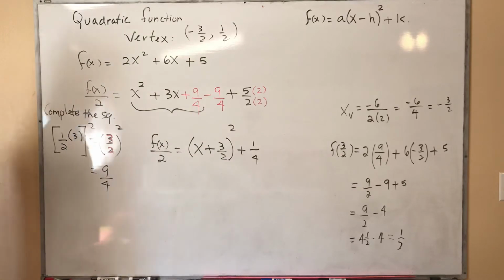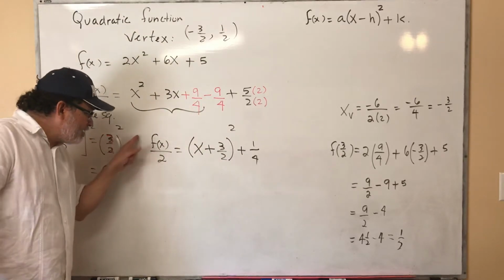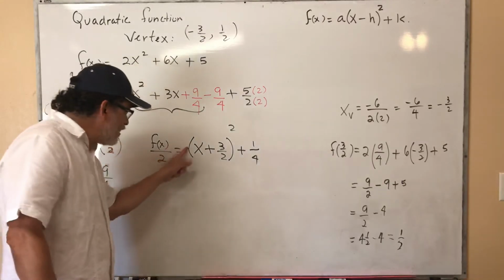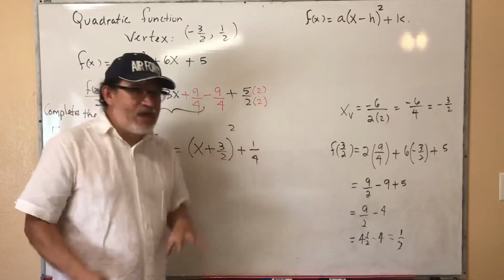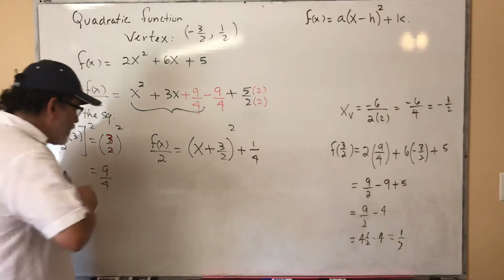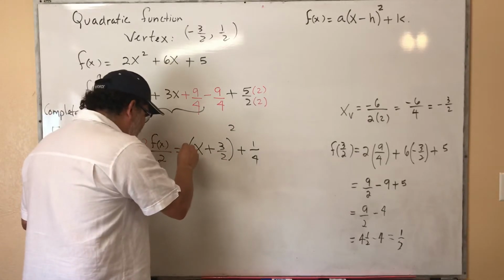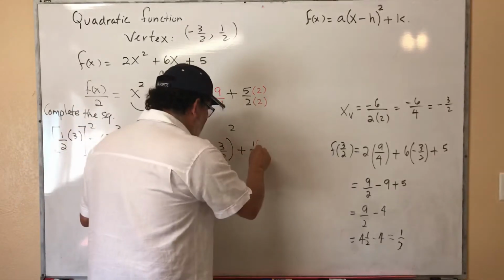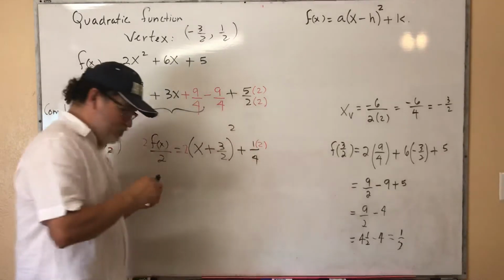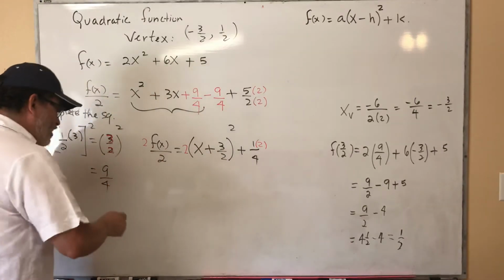Okay. Now I need to get rid of this 2, so I multiply this by 2, this by 2, and this by 2. I multiply every numerator by 2. So multiply this by 2, multiply this by 2, and multiply this by 2. Okay. The 2's cancel.